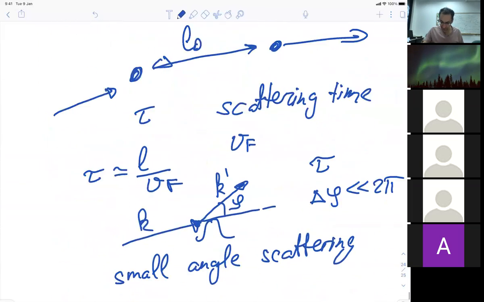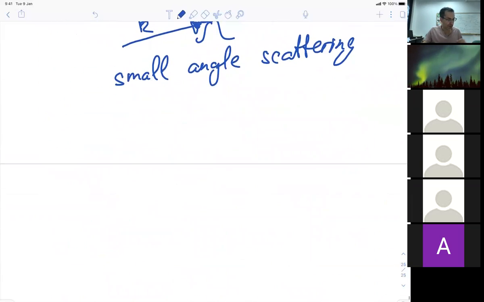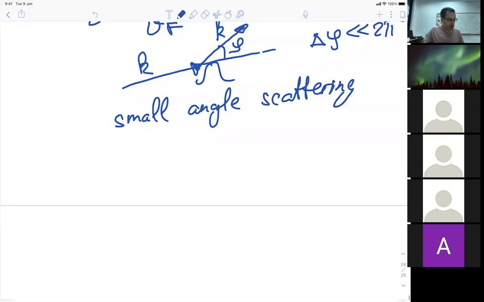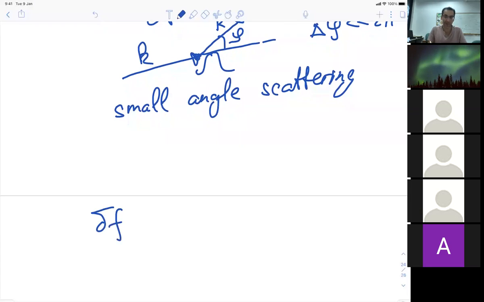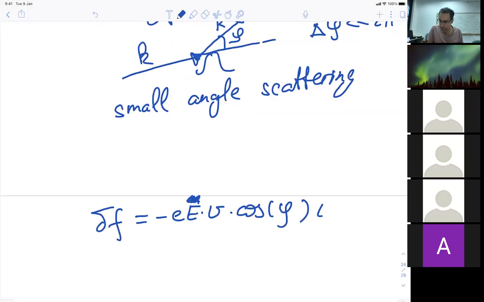Okay, so we have solved this integral equation. We found the correction to the distribution function. So we know that our correction to the distribution function, as a result of competition between the driving electric field and impurity scattering, is equal to minus E times V. So we decided to call this E times V times cosine of the angle between these two vectors, and some object we have computed, and it's just a constant.